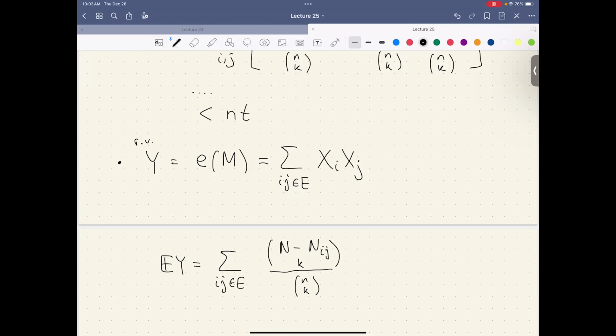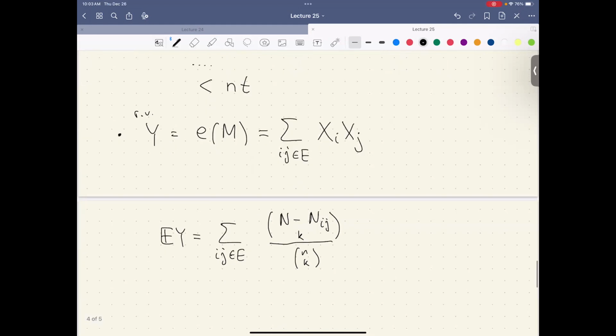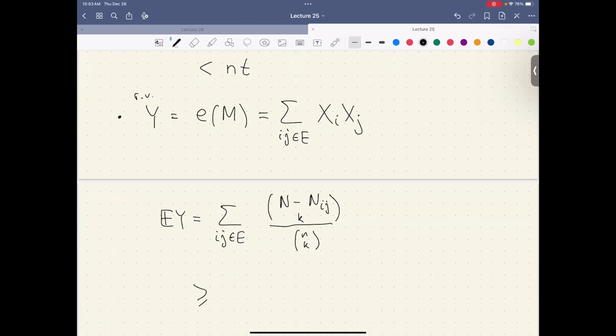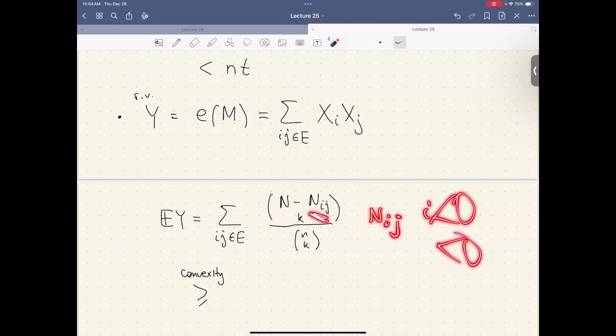And we can again, by convexity, same thing, this is a convex function. It's minimized when every nij is around its expectation. Well, actually, this nij is the union of ij's closed neighborhoods.